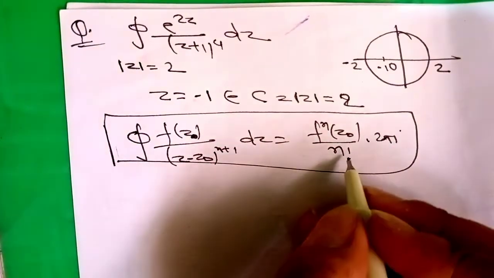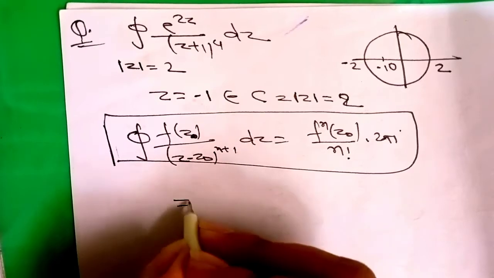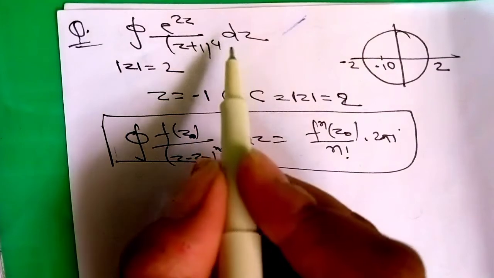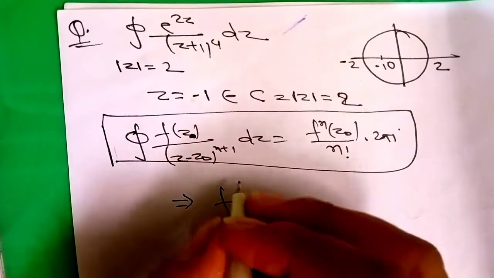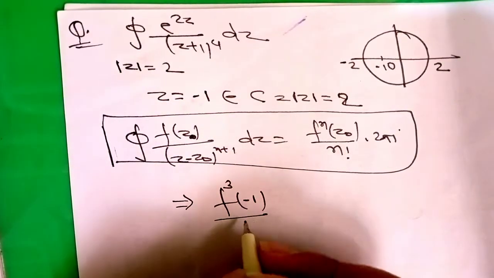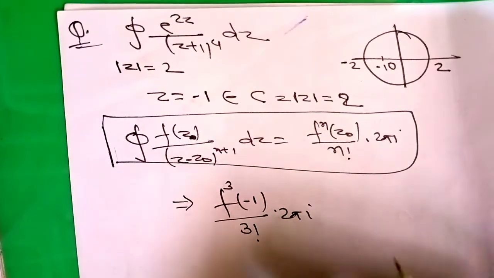Moving on to this side, n plus 1 is 4, so n is equal to 3 here, and z naught is minus 1, upon 3 factorial, 2 pi i.